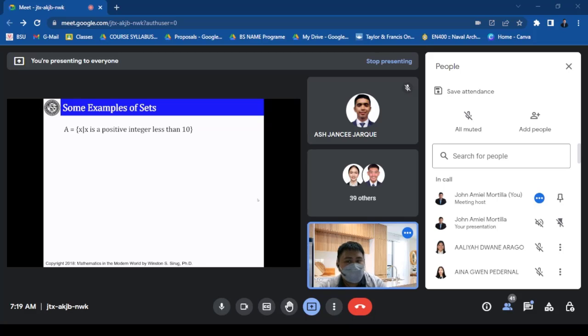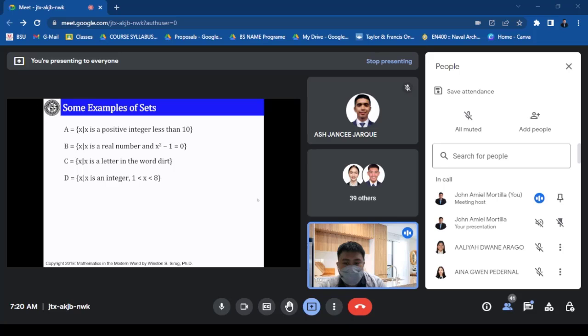Some examples of sets: A equals the set of x such that x is a positive integer less than 10. B equals the set of x such that x is a real number and x squared minus 1 equals 0. C is the set of x such that x is a letter in the word dirt.